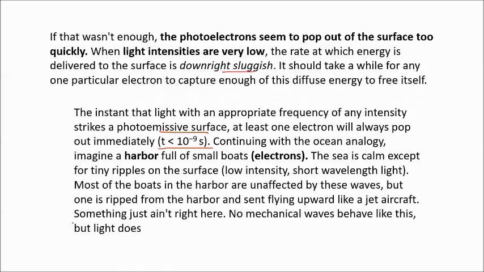That is the photoelectron. And something just ain't right here. No mechanical waves behave like this, but light does. Okay, so the photoelectric effect is a property of light which can best be described by thinking of light as a particle, not as a wave.